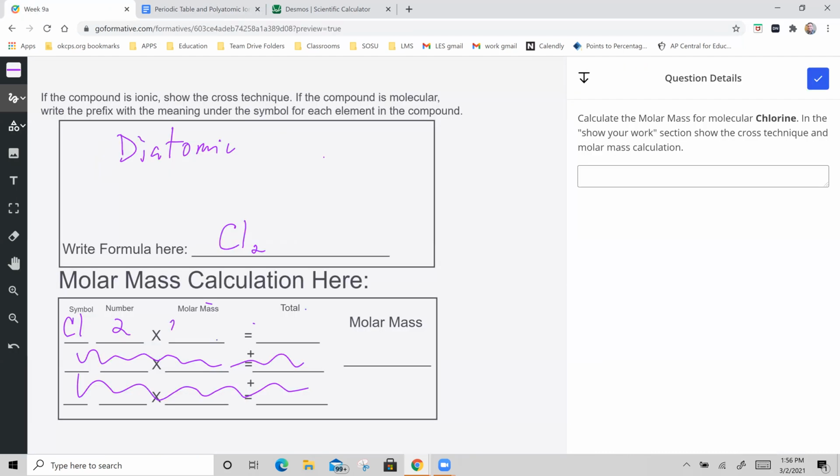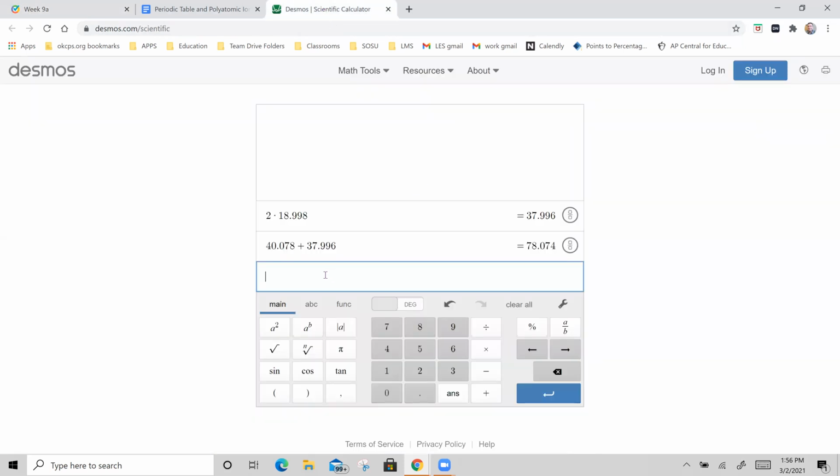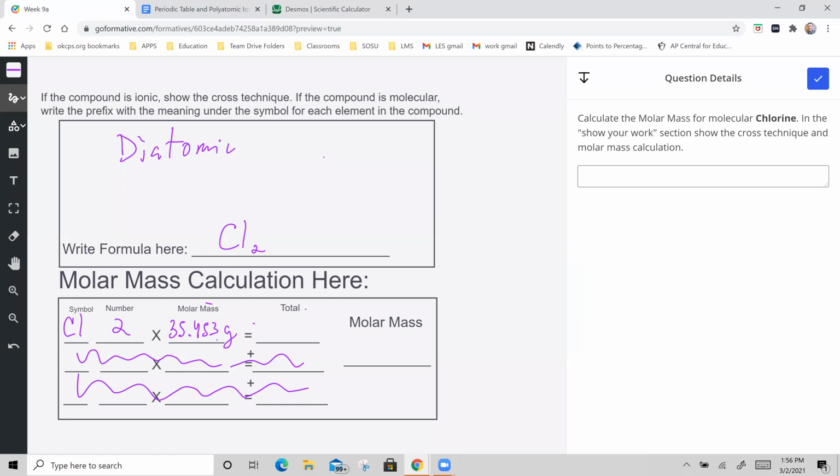So we'll plug that in, 35.453 grams. Now we simply are going to multiply those two values. And so we're going to say 2 times 35.453, and we get 70.906 grams.